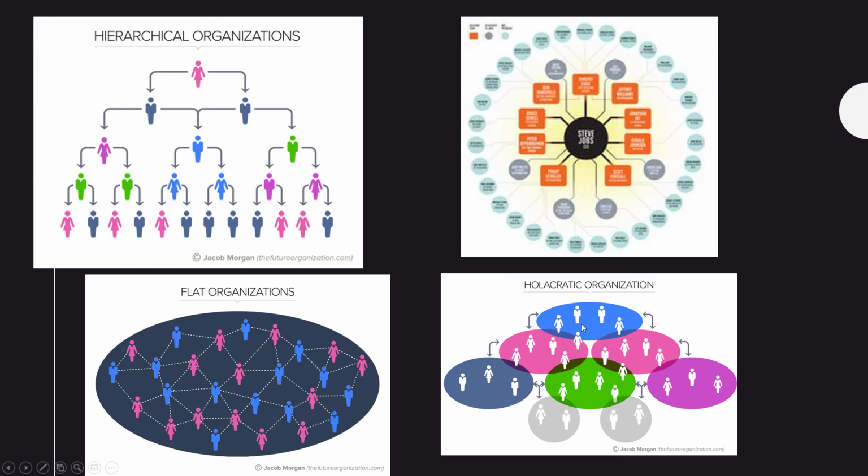Now, a holacracy is built on the essence that every single department is its own community, and it's a titleless organization. Nobody has a title, nobody has power over any individual in the organization. No decisions are made without a consensus of either the company or the department being affected.